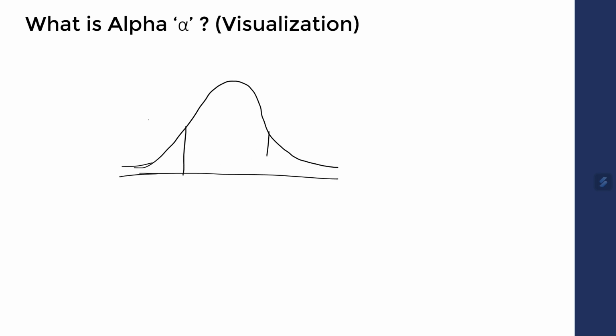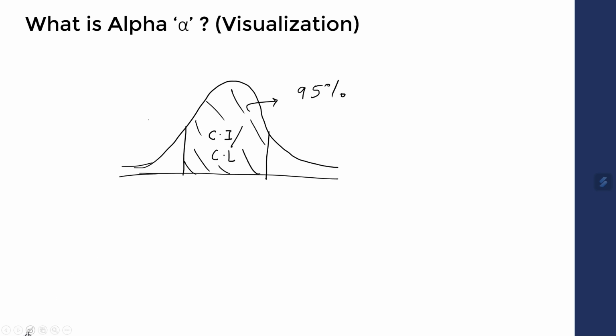Let's understand this alpha with the help of visualization, what exactly I meant by alpha. This is our normal distribution diagram, and here I have mentioned that this portion is our confidence level. Let's say this is our 95% confidence interval, which is given to us in a particular business case.